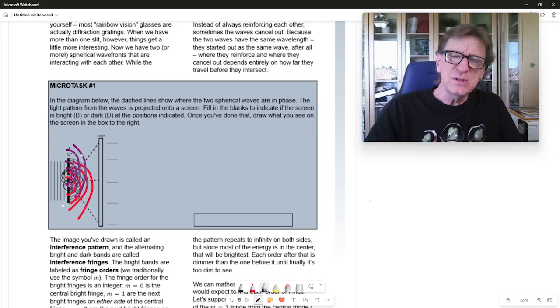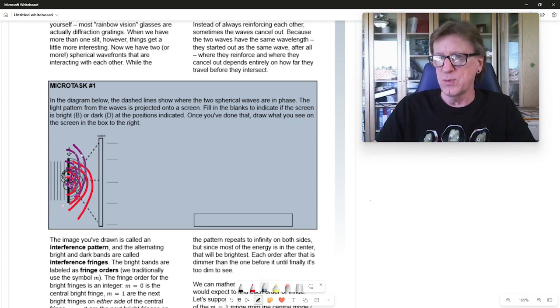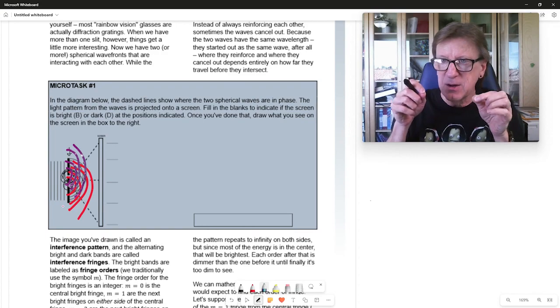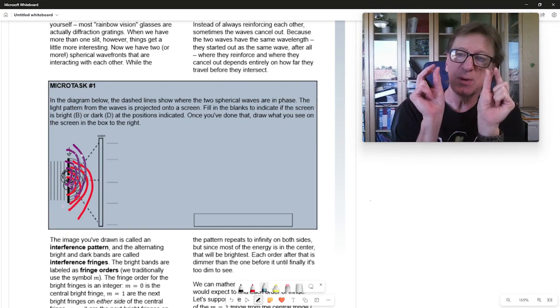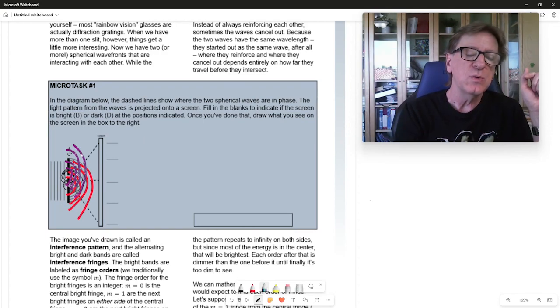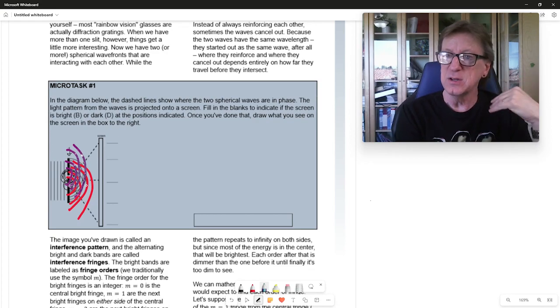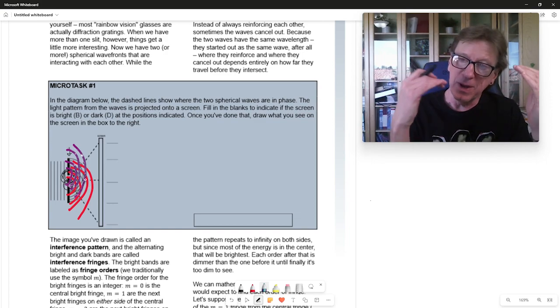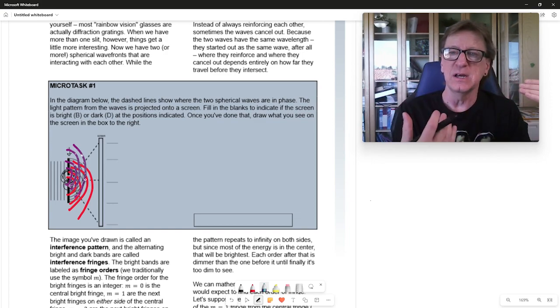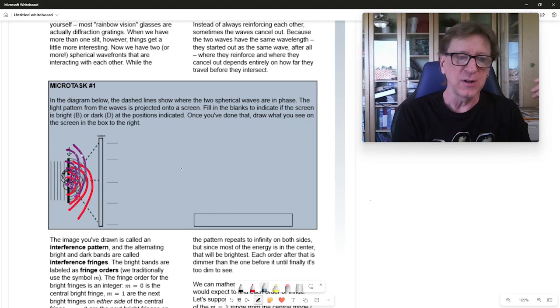And this is very similar to what we did when we were talking about the wavelets on the line here, except now they're being produced by two separate apertures. So wherever these two combine constructively, they're in phase, and so it's going to be bright. If they combine destructively, 180 degrees out of phase, then they're going to be dark.